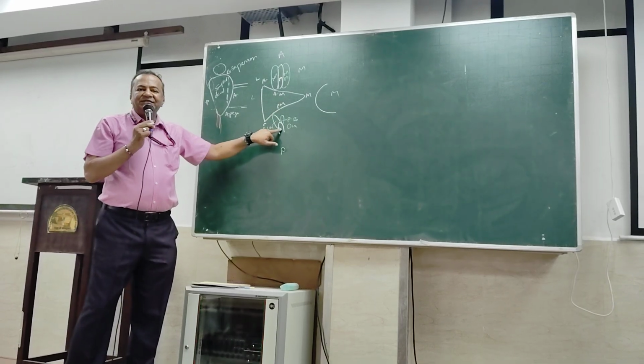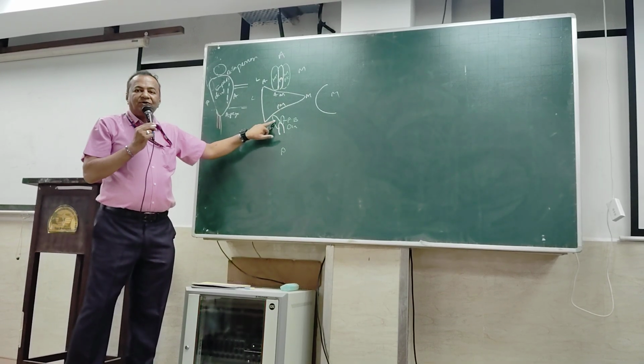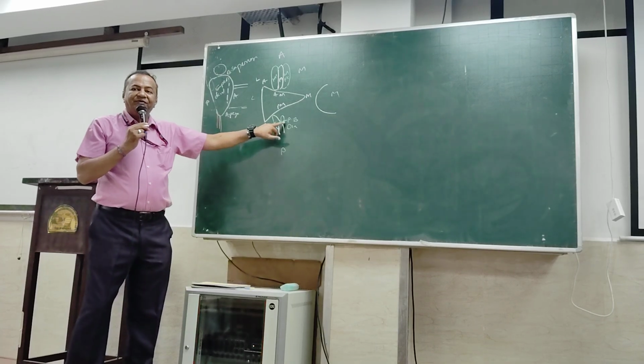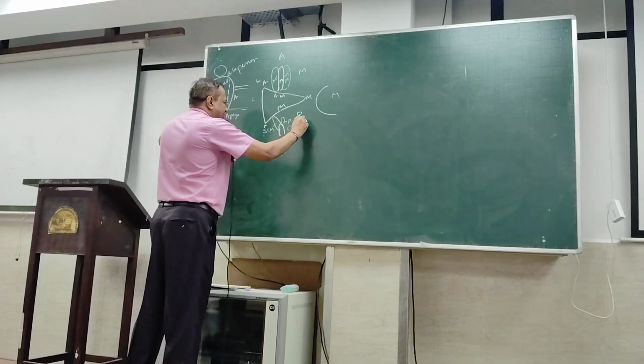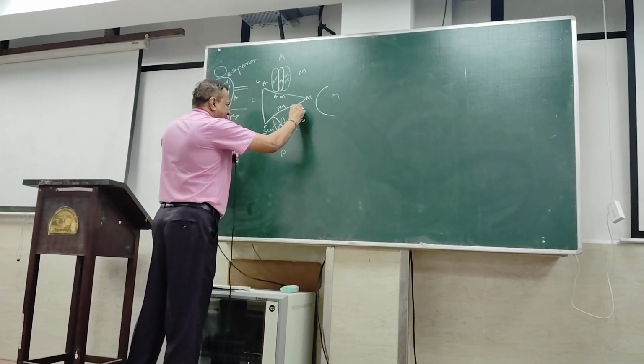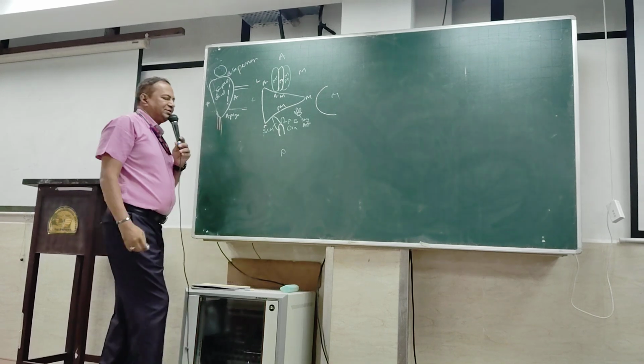Posteromedial surface is related to mastoid, sternocleidomastoid and posterior belly of digastric, and also the styloid apparatus. I'll tell you what is styloid apparatus some other time.